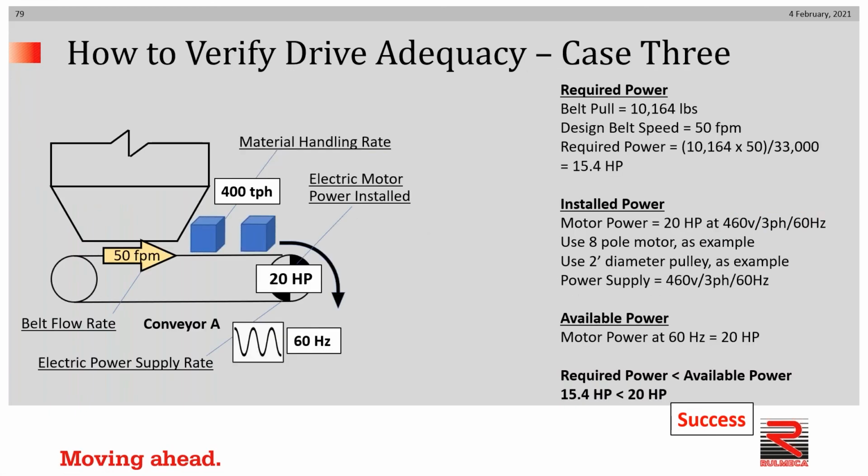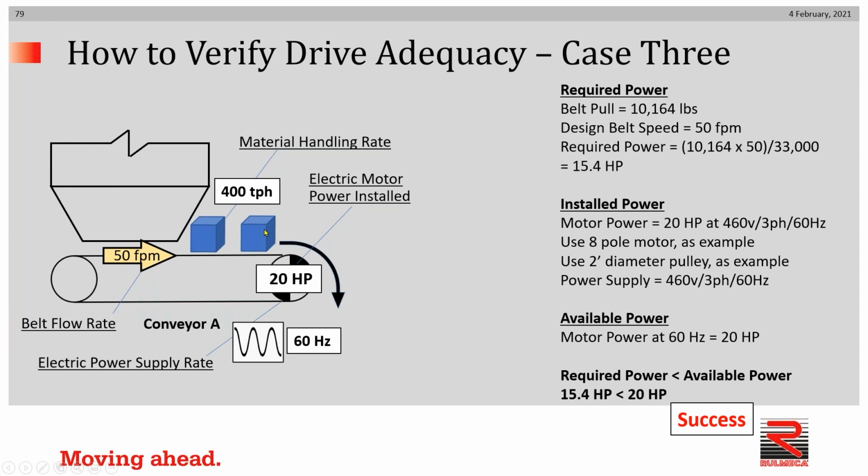Now let's explore the two metered flow applications. I remind you that we decided to attempt to increase the conveyor speed from 50 feet per minute to 100 feet per minute, and we failed.